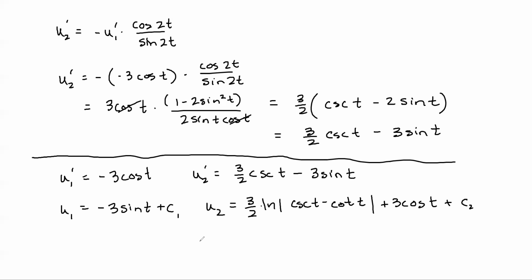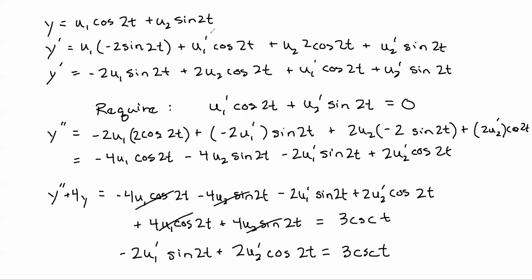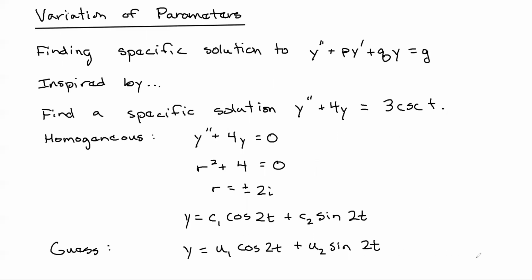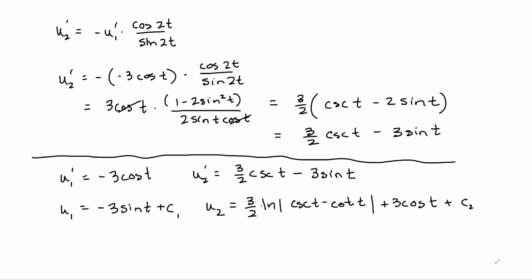Now what happens if we take those two solutions, go back to the beginning, and plug them into our guess? Let's go to the next page and do that. So we're going to have y equals u1. What was u1 again?